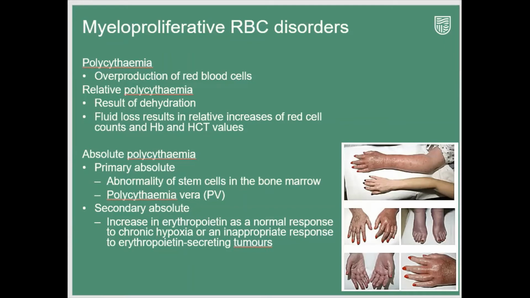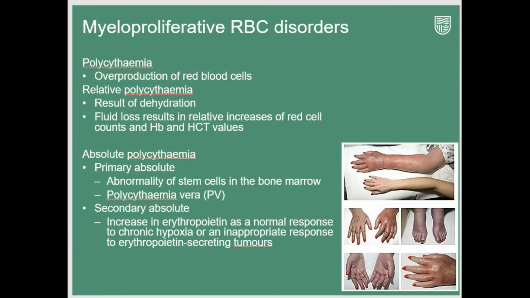So secondary absolute results from a physiological increase in the levels of erythropoietin, commonly in response to hypoxia. So that could be living in high altitudes, heart and lung disease, smoking. The resultant release of erythropoietin by the kidney causes an increased formation of red blood cells in the bone marrow.